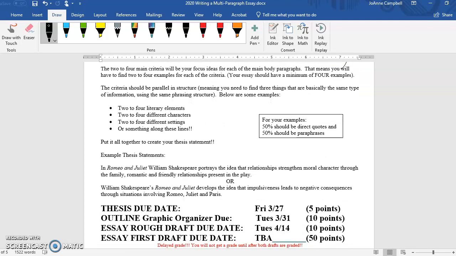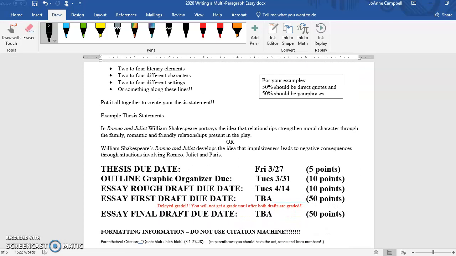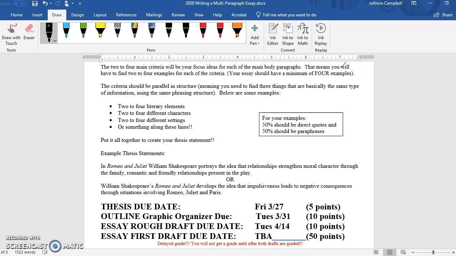And make sure that you do have a thesis statement that has the theme. So you're coming up with your own theme, whatever you want your theme to be, based on Romeo and Juliet. And if you have a 4-paragraph essay, you're going to have 2 ideas in your theme, which are going to be developed into main body paragraphs. If you have a 5-paragraph essay, you have 3 ideas present in your thesis statement.